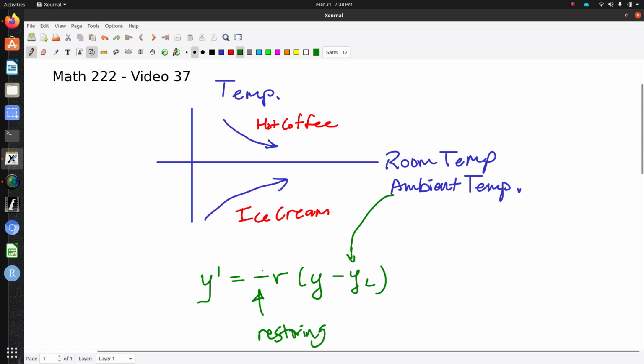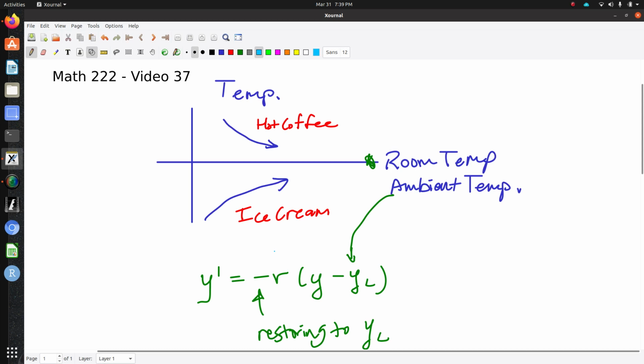When we did this going down to 0, the negative brought us down to 0, but here we're just shifting it so that that's our new 0, restoring to the y limit. So the actual r is going to be positive, and we put the negative in the formula to emphasize that we're going to converge on that room temperature.